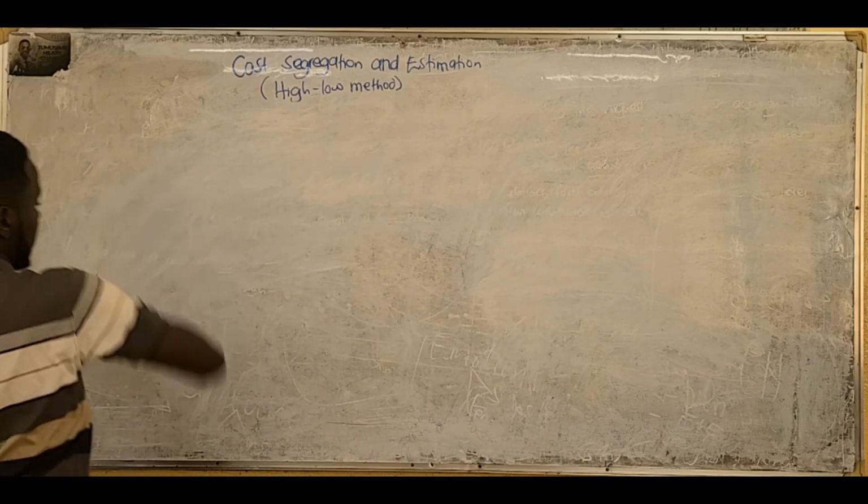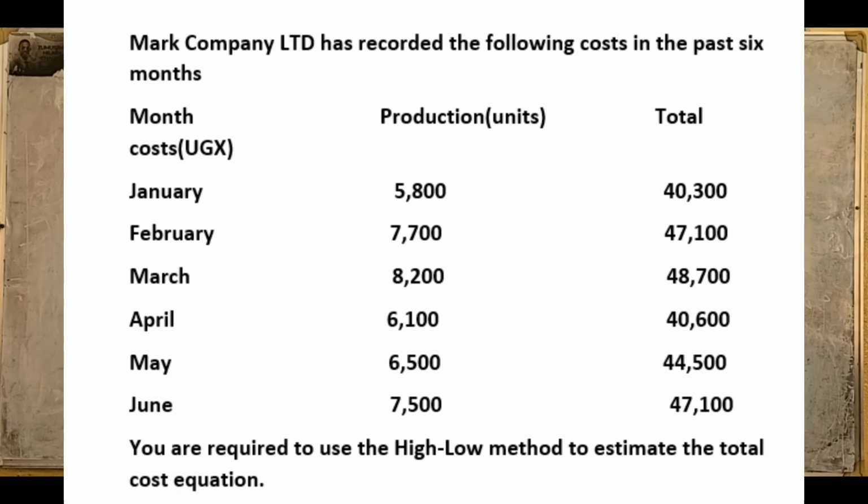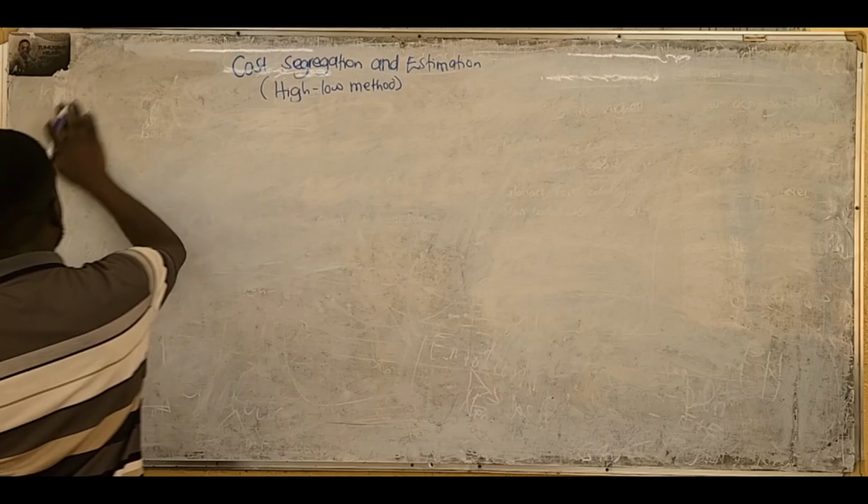If you check back in the question, the highest activity level is in the month of March, and it's 8,200, and the associated cost is 48,700.